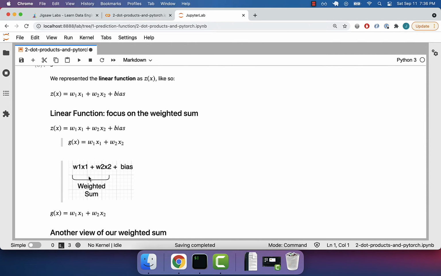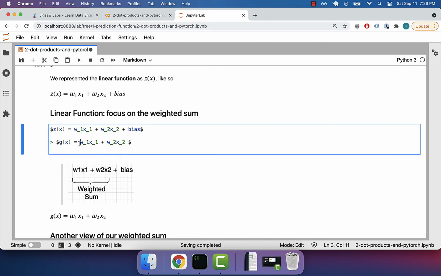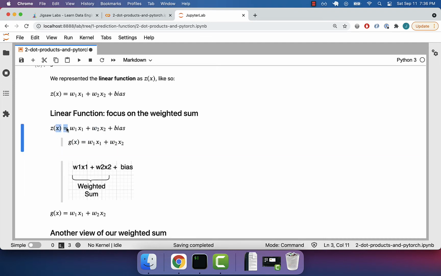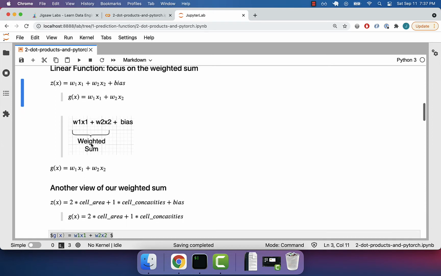I temporarily assigned it a new function, g of x, where z of x is our original function, and g of x is just everything except for the bias.